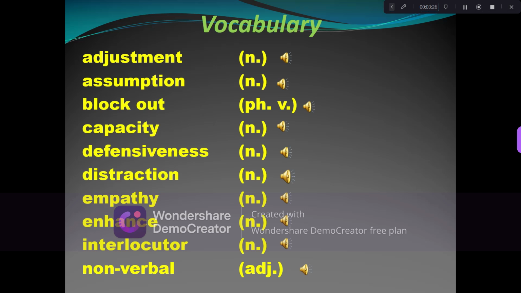You can refer to a dictionary to know the meanings of these vocabulary, or you can simply go to page 23 in the notebook that is accompanied with the books to know the meanings.